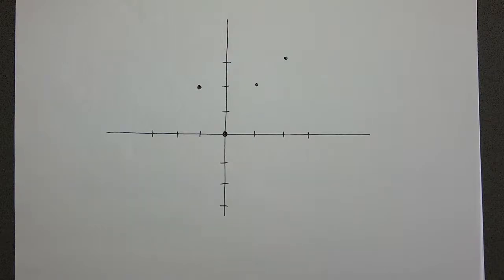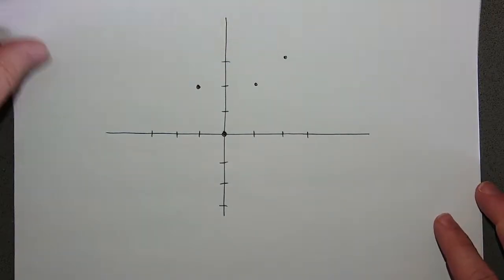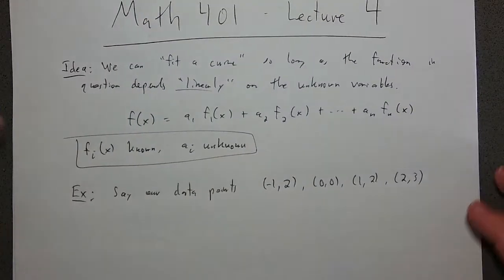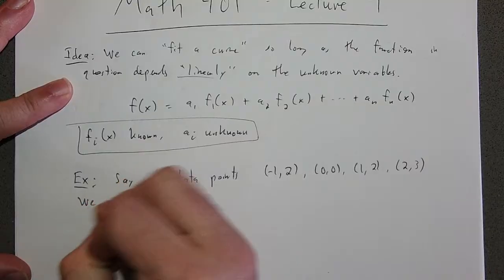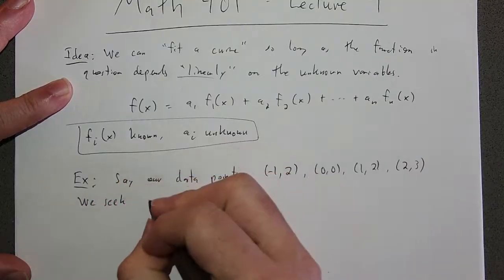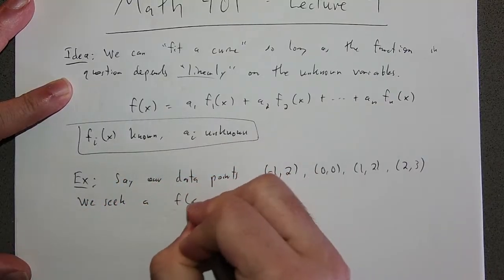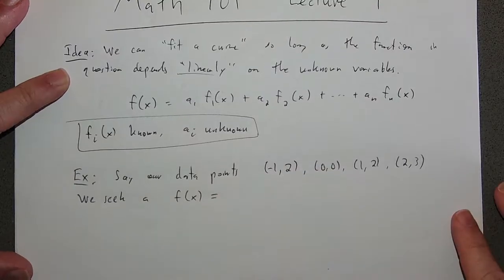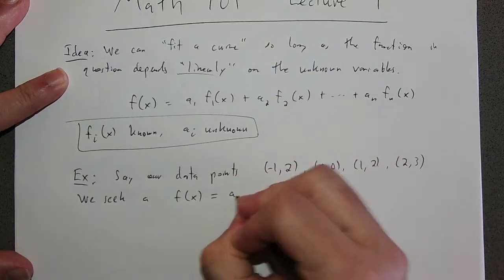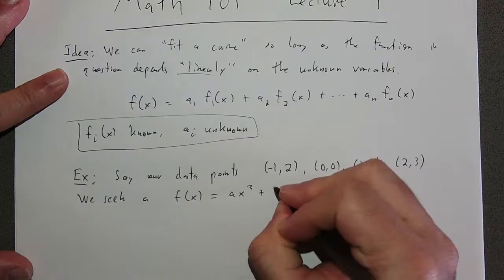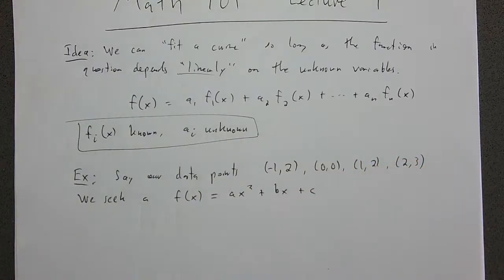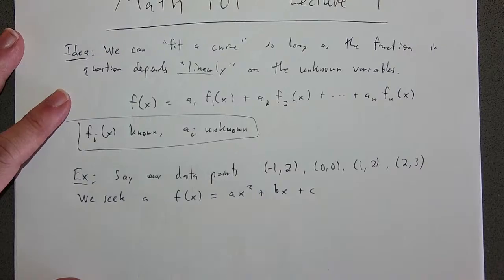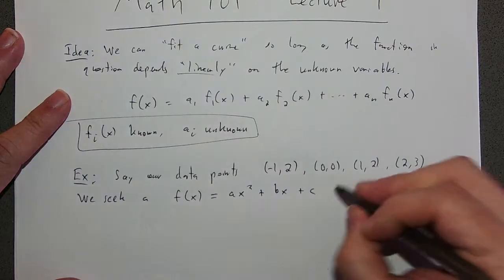So if that is what we are going to do, then going back to our points here, what we are going to seek, right? So we seek a function f of x, which is ax squared plus bx plus c. Now notice this is in fact of this form that I'm required here.